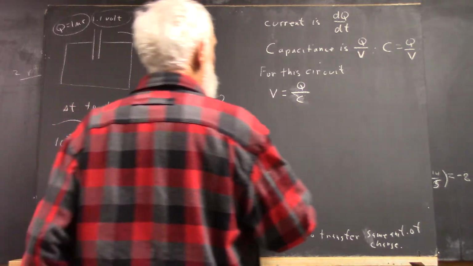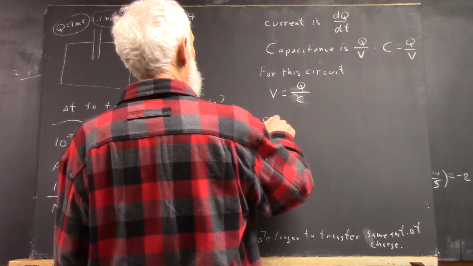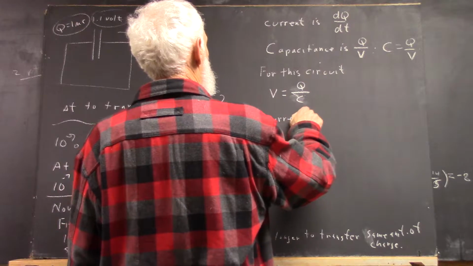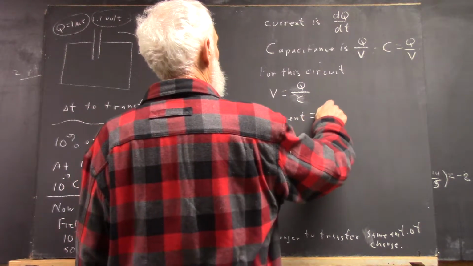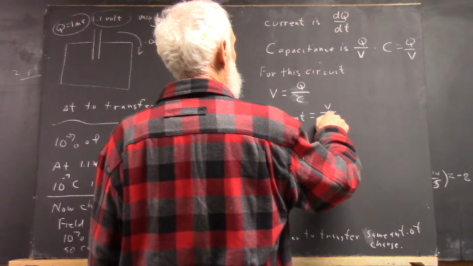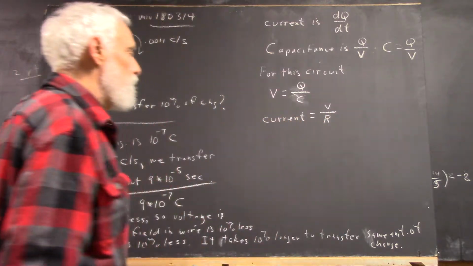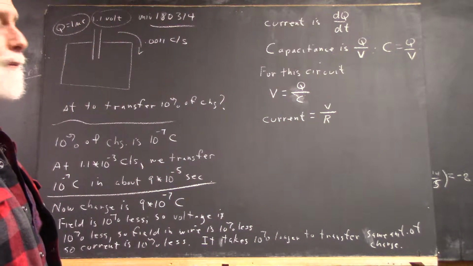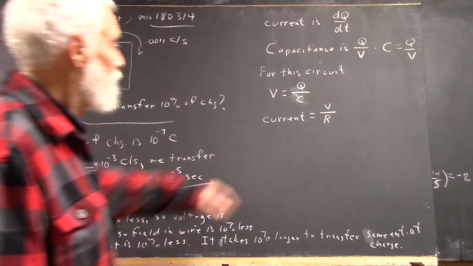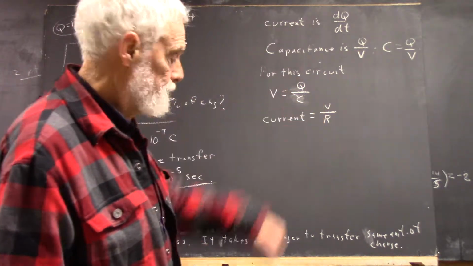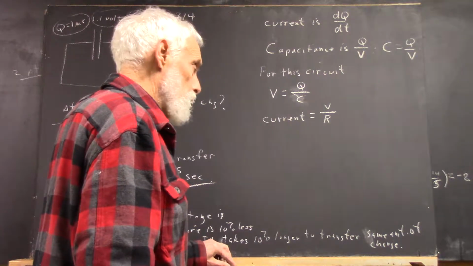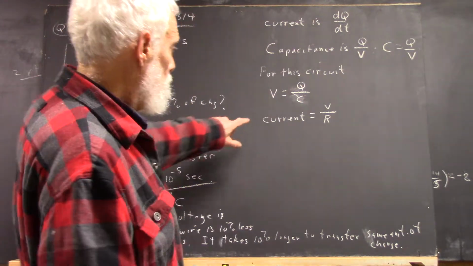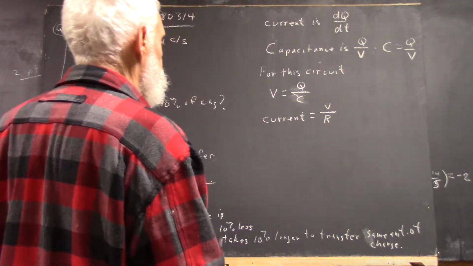And the current is the voltage divided by the resistance. Something that we established a few weeks ago. Okay, current's voltage divided by resistance.